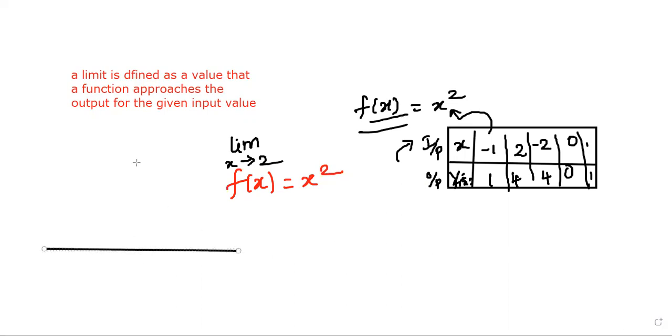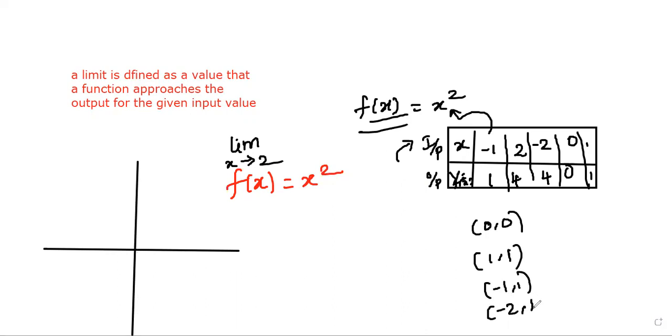Because we already know what is f of x. We know f of x is equal to x square. How does it work? For example, I'll just mark all the coordinates: 0, 0; 1, 1; -1, +1; -2, +4; and +2, +4.